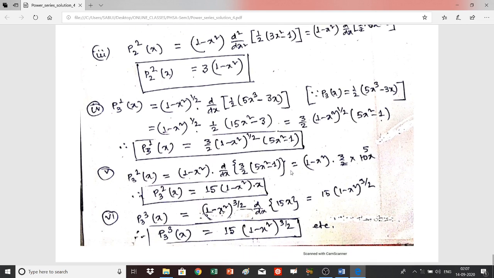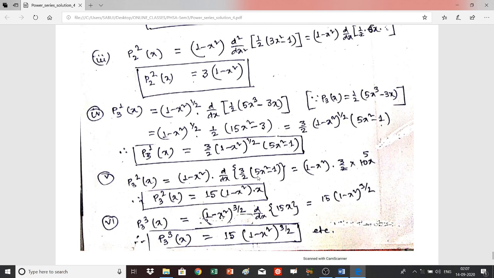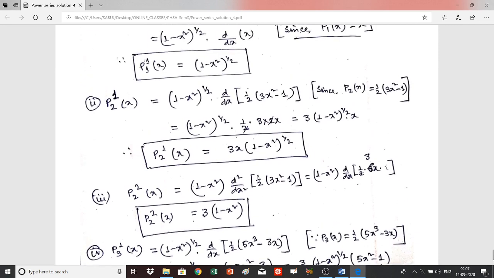And in this way, P3^2 and P3^3, all these terms are calculated, and the entire calculation is shown here. So in this way, we can calculate different orders of associated Legendre polynomials using this relation.